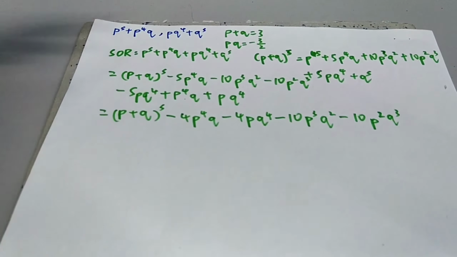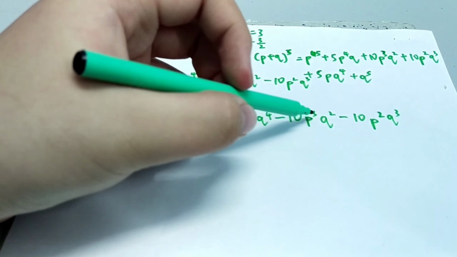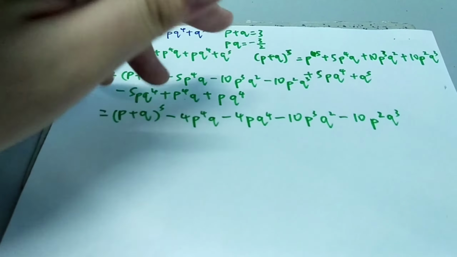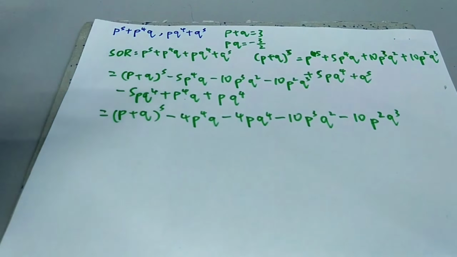And then we are going to simplify this further. So we have p^3 q^2, p^2 q^3, and we got the 10. So we will simplify these two terms and these two terms individually.